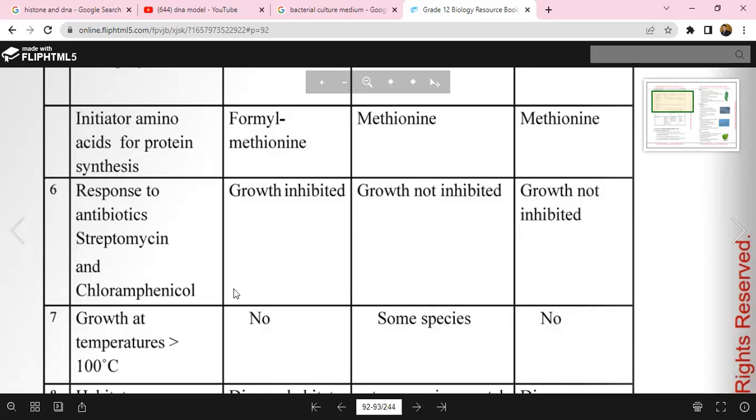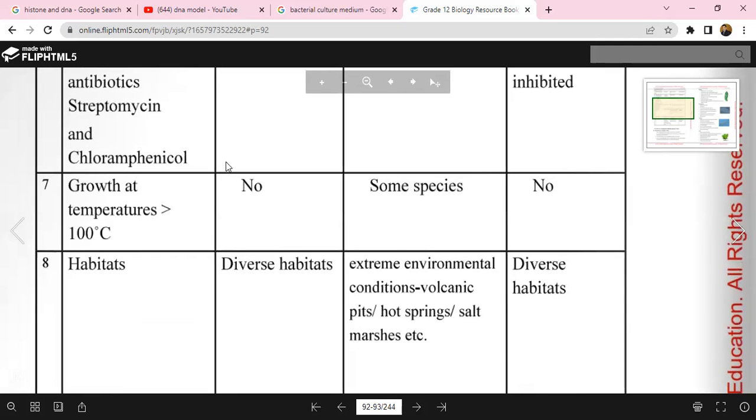Thereafter, another comparison given. Growth at temperature greater than how much? 100 degrees Celsius. That means they should be high temperature tolerant. Correct? Yes, sir. High temperature tolerance is not there for whom? Domain Bacteria or Domain Eukarya.